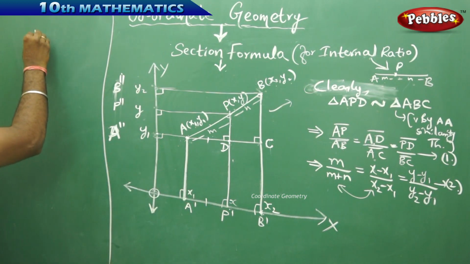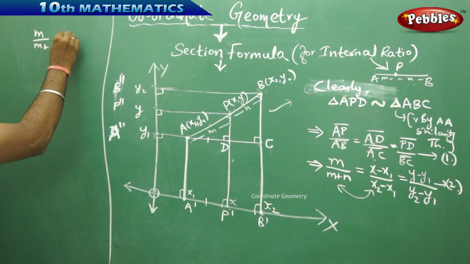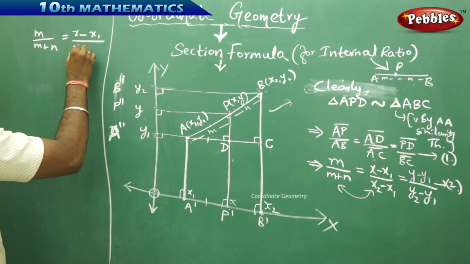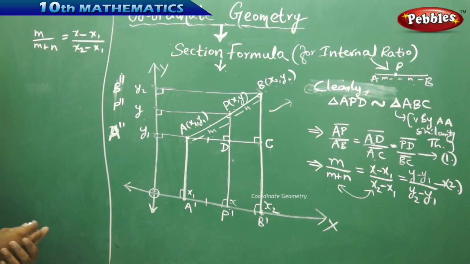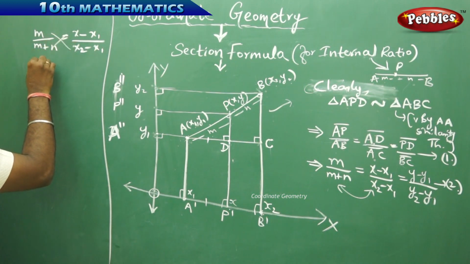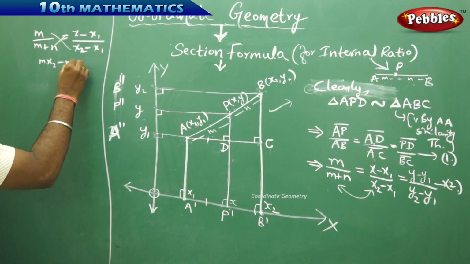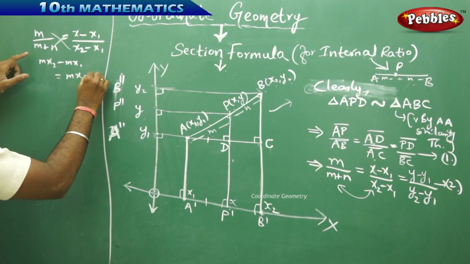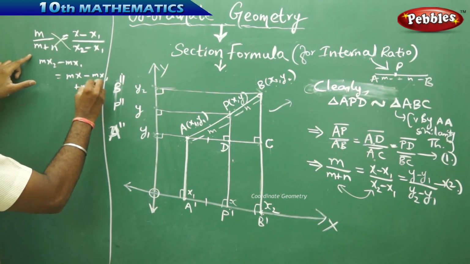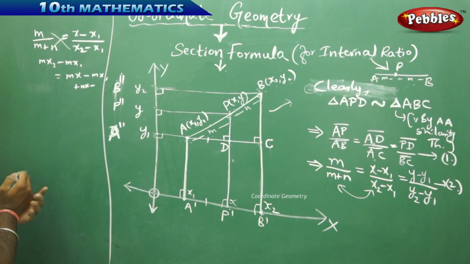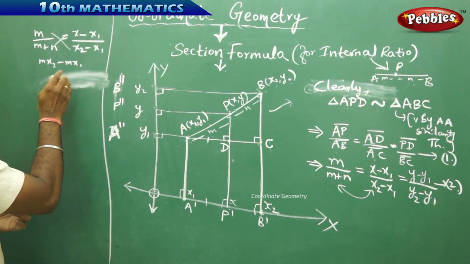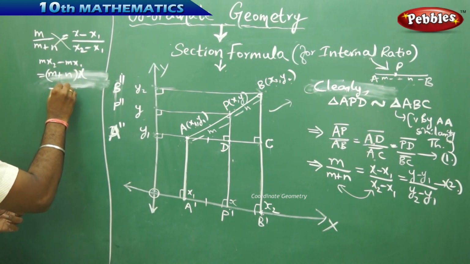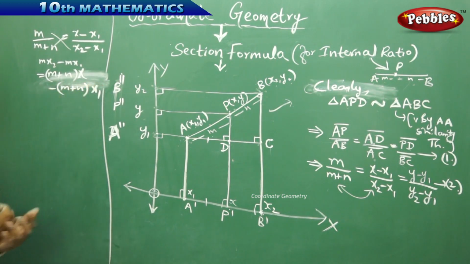From equation 2, m by m plus n is equal to x minus x1 by x2 minus x1, which on cross multiplication gives me m times x2 minus x1 equals m plus n times x minus m plus n times x1.